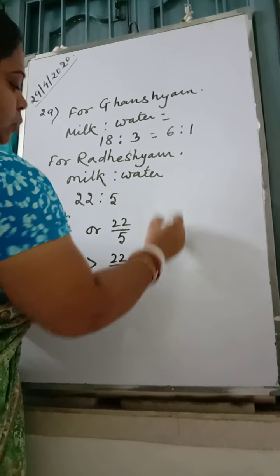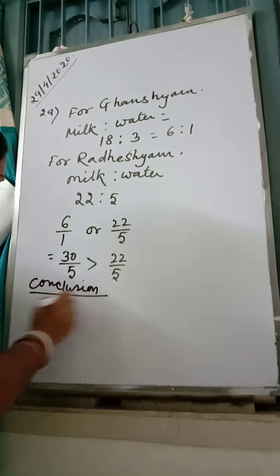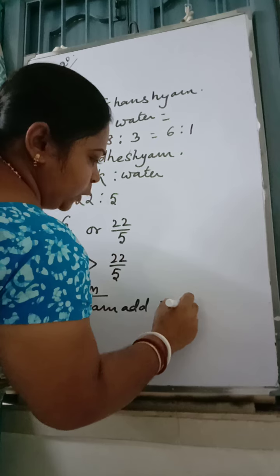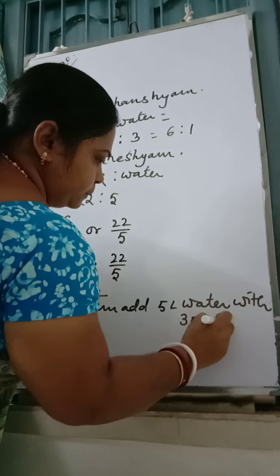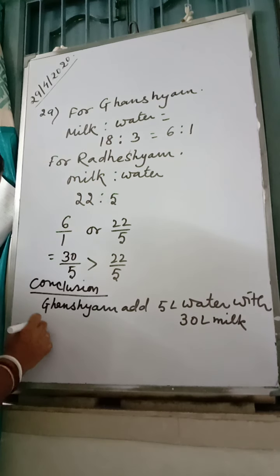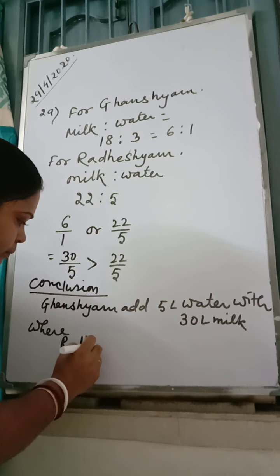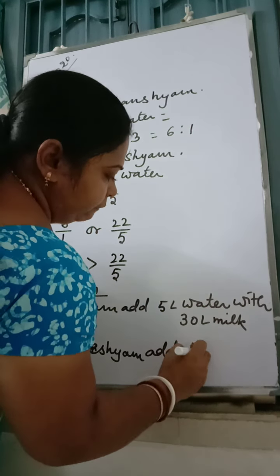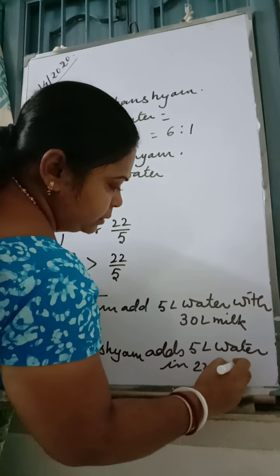Now you can write conclusion. Conclusion: Ghanshyam adds 5 liter water with 30 liter milk, where Radheshyam adds 5 liters water in 22 liter milk.